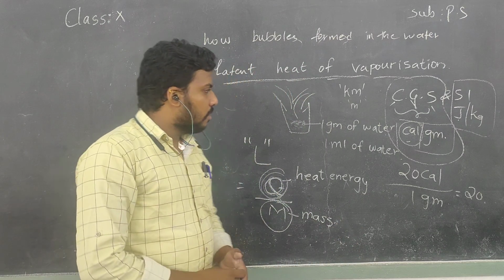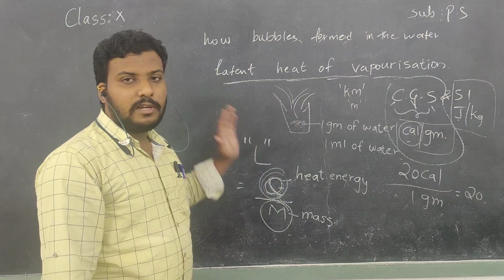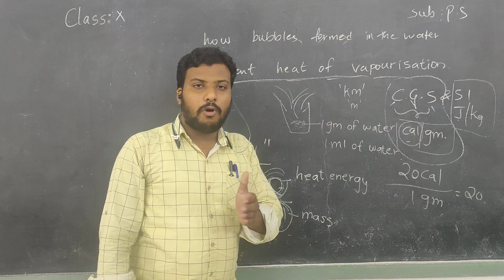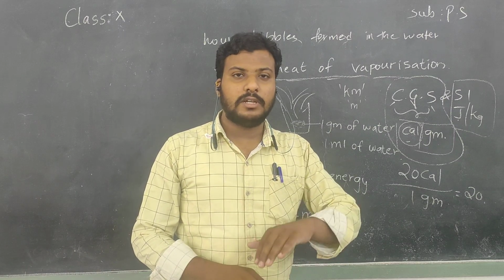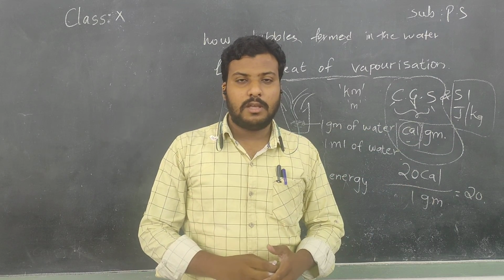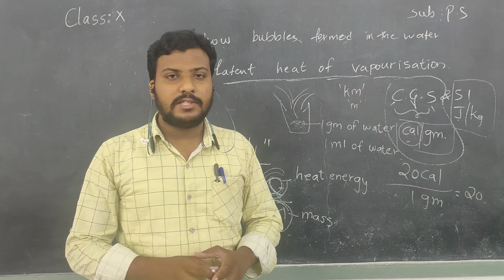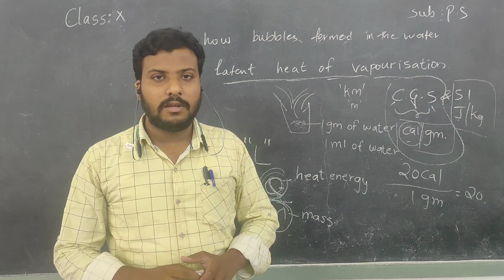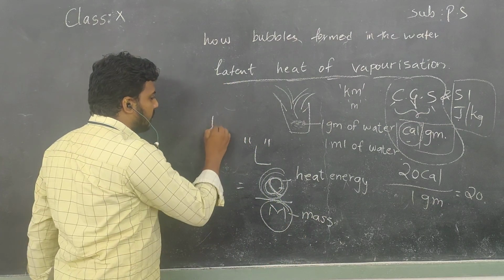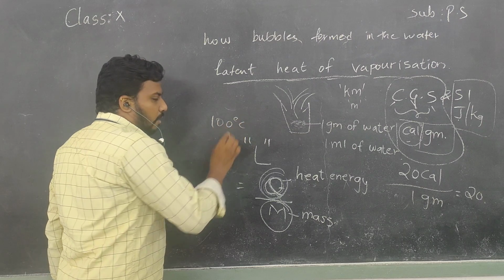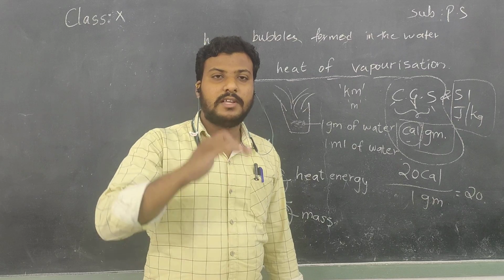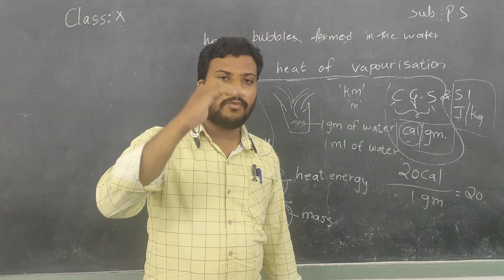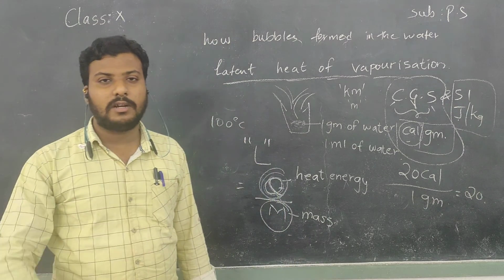So you might have understood the whole concept, children. Boiling is nothing but the phase change from liquid to gaseous, and this boiling takes place only at a constant temperature, that is 100 degrees Celsius. Up to 100 degrees Celsius, the water temperature rises, 20 to 30, 30 to 40, like that, continuing up to 100.